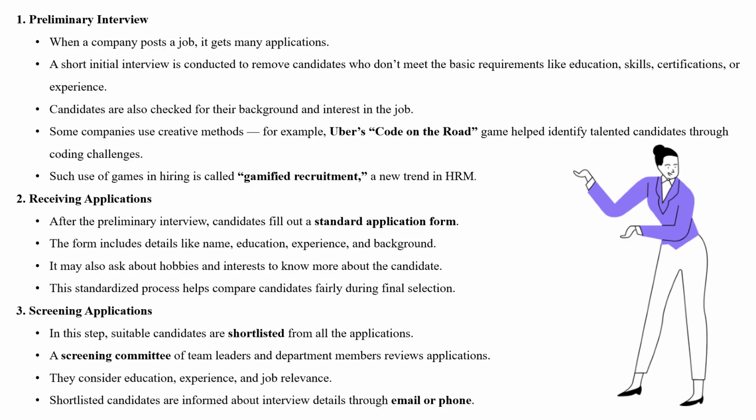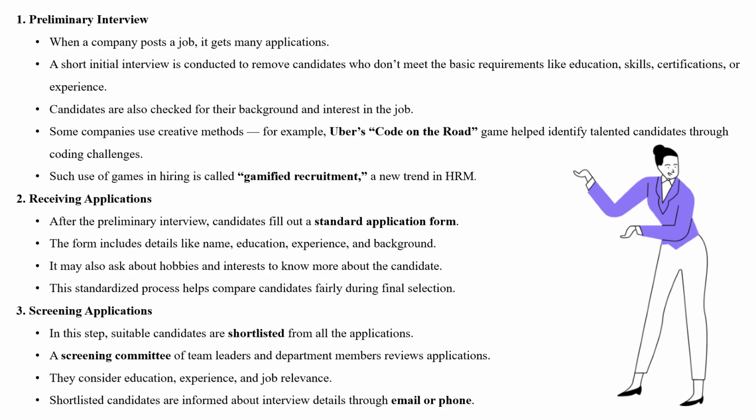This standardized information helps HR to compare candidates fairly. For example, suppose TCS is recruiting software engineers. All applicants complete the same online application form, making it easier for HR to compare them objectively.